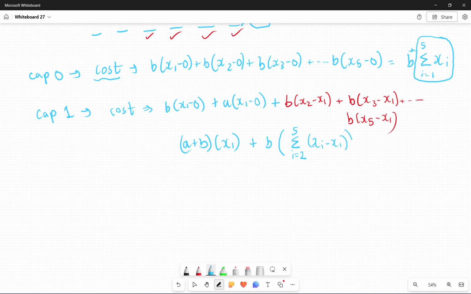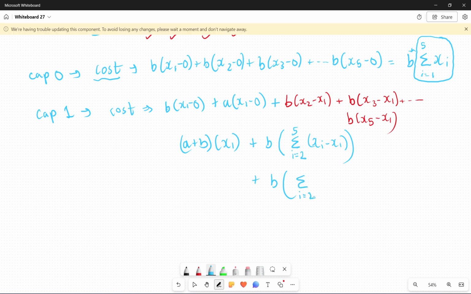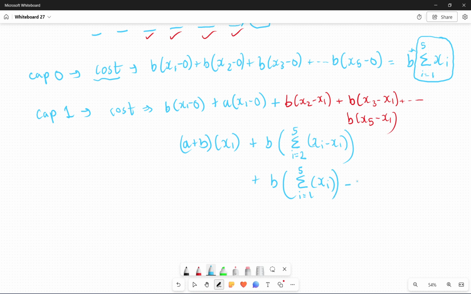Can you write it as plus b into the sum over i equal to 1 to 5 of xi, minus b into 4 times x1?